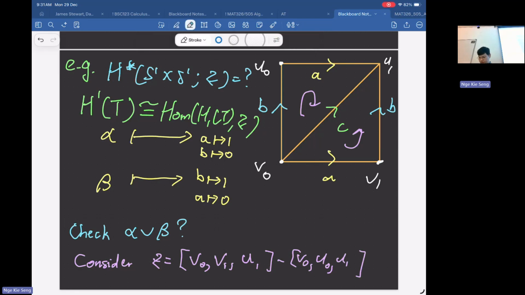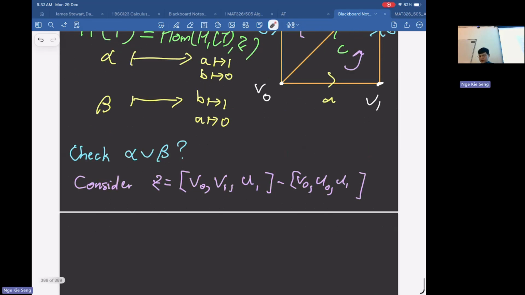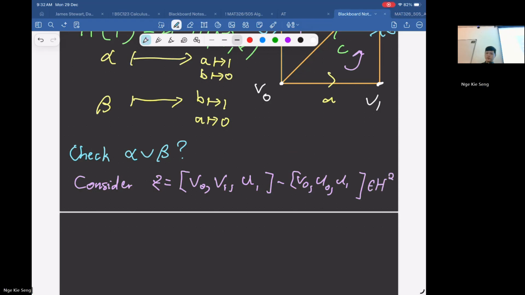So I take a linear combination of these two faces. Can you realize that this face, this is a cycle? This is a cycle in H2.